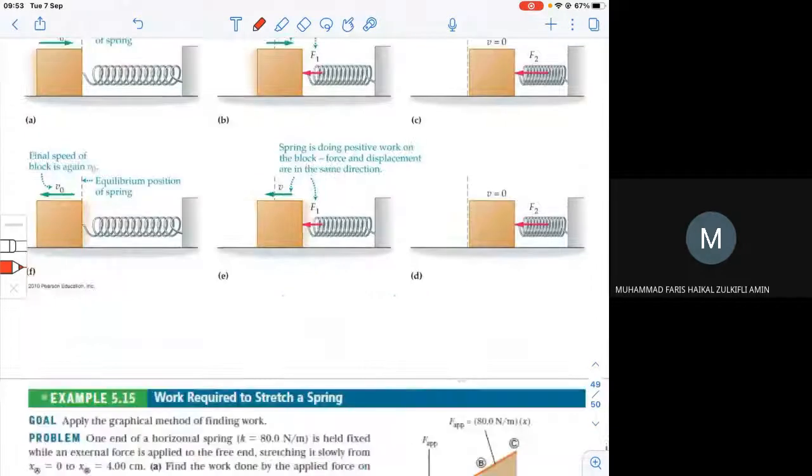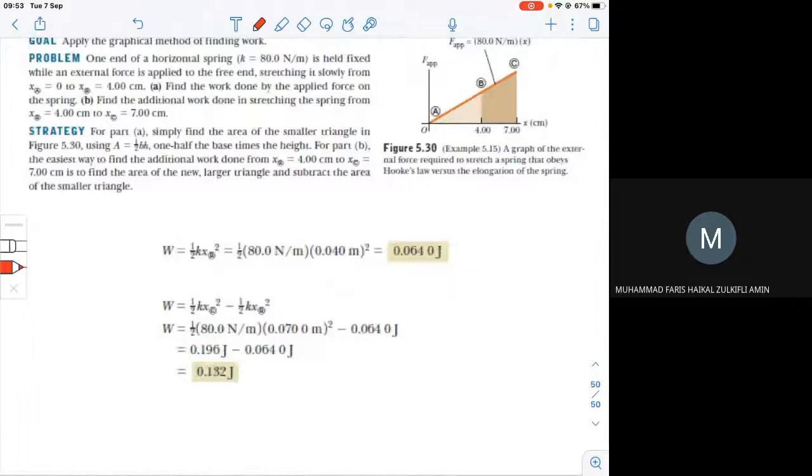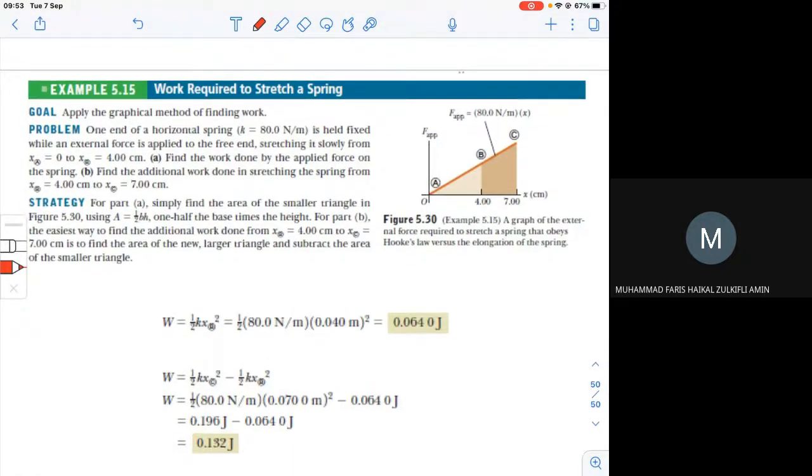Then we use half kx squared when dealing with a situation where you have been given a graph of force against position.